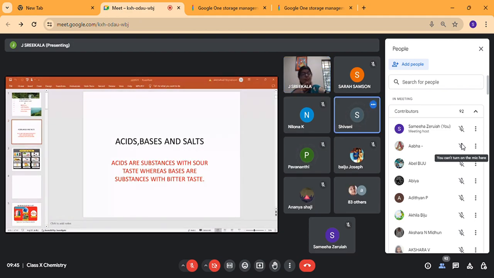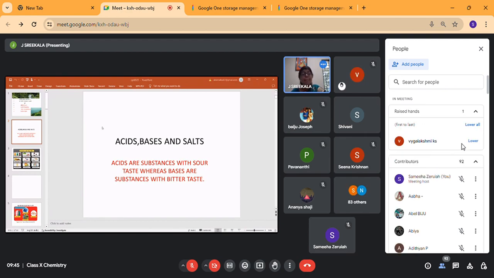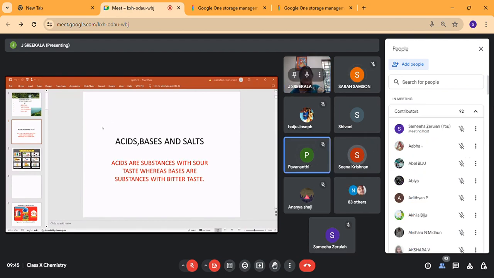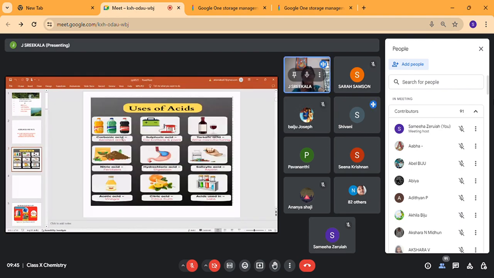No, ma'am. Now visible. Okay, then whenever I have to write something, then only I will go to slideshow. I don't know whether it will be visible or not. Maybe net problem. It's a hilly area.